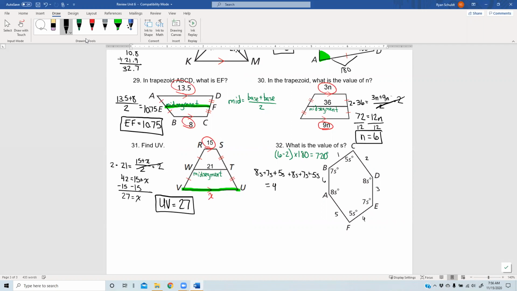That's going to be 40S equals, this needs to look like an S, 40S equals 720. Divide by 40. And you'll get S equals 18. That's all they ask you to find, is find S. S is 18.